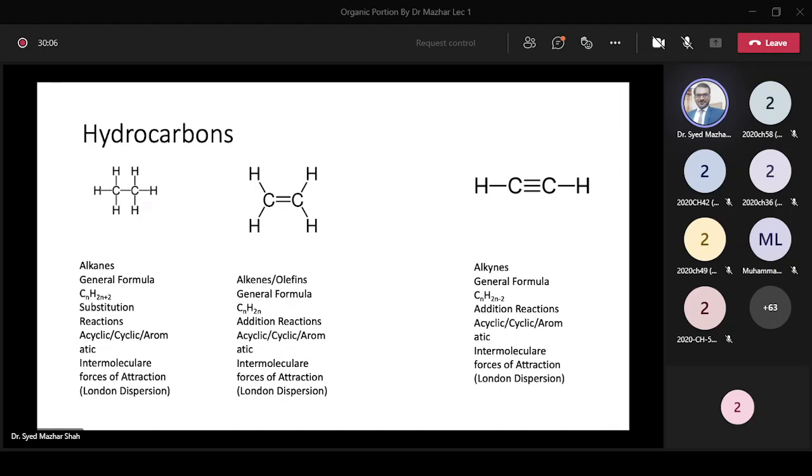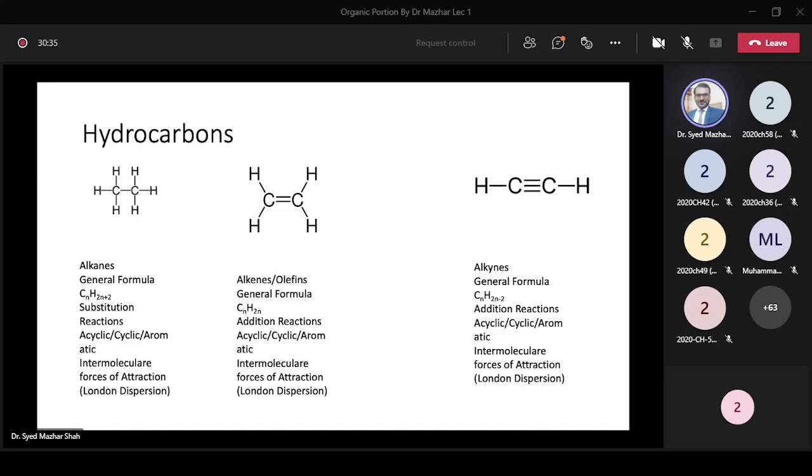The forces that are present between different molecules, the forces of attraction which hold them together. They can be simple London dispersion forces, or they can be dipole moment forces. They can be hydrogen bonding, depending upon the functionality or atoms or the charge on the atoms present in that molecule.